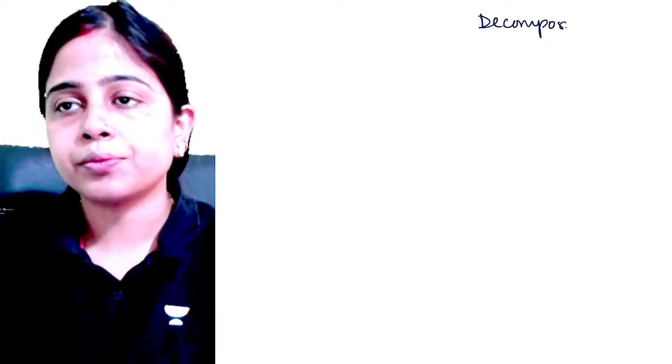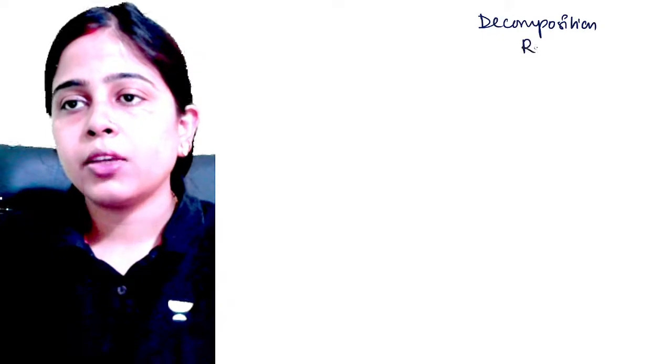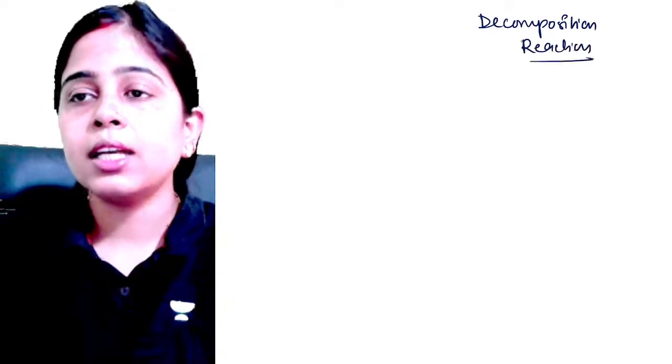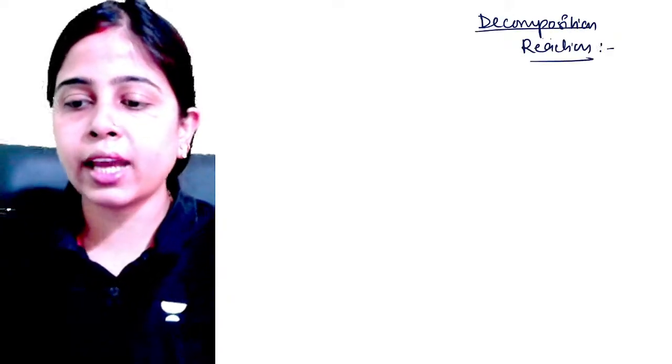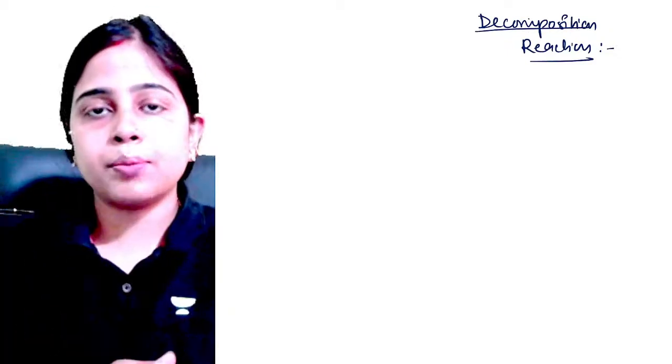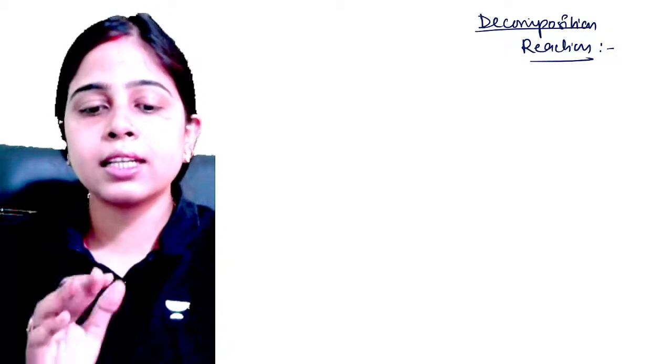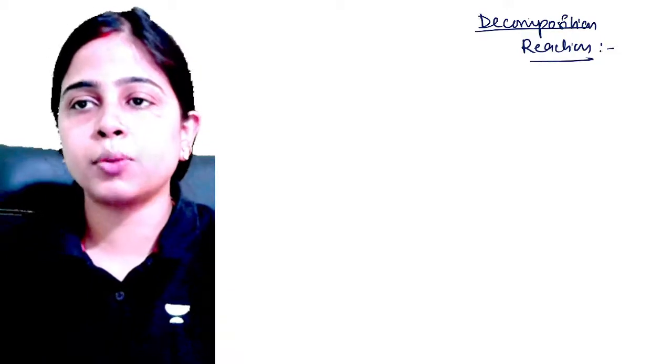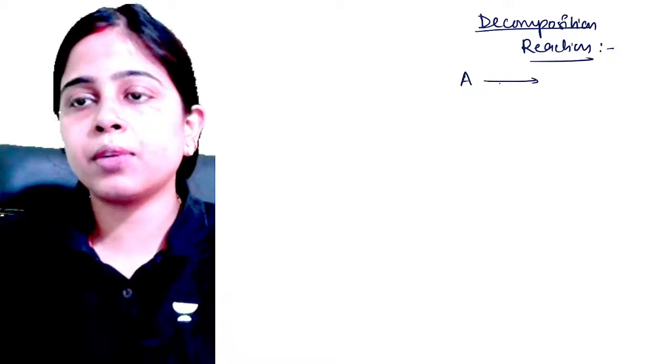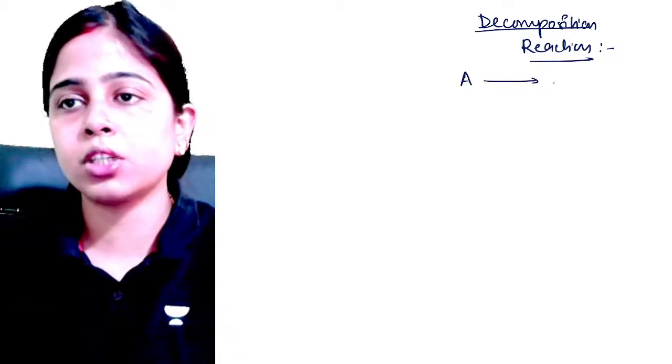So decomposition reaction, as I told you, is a reaction where one single reactant is breaking down to give two or more products. Let me show you the general form of this decomposition reaction.